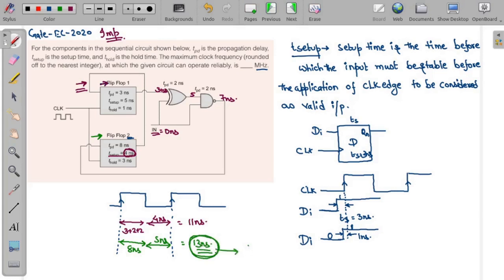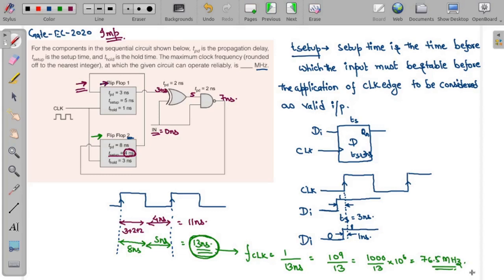So the frequency f clock should be 1 by 13 nanoseconds, which equals 10 to the power 9 by 13, which is 1000 by 13 into 10 to the power 6, and this comes out to nearly 76.5 megahertz.